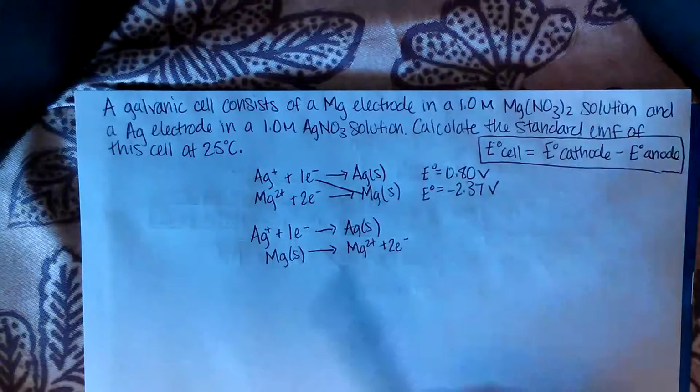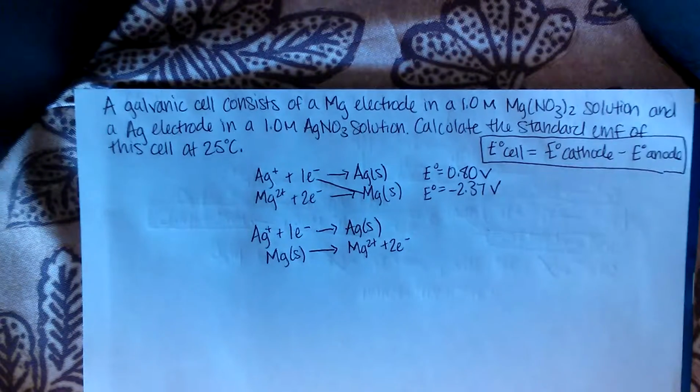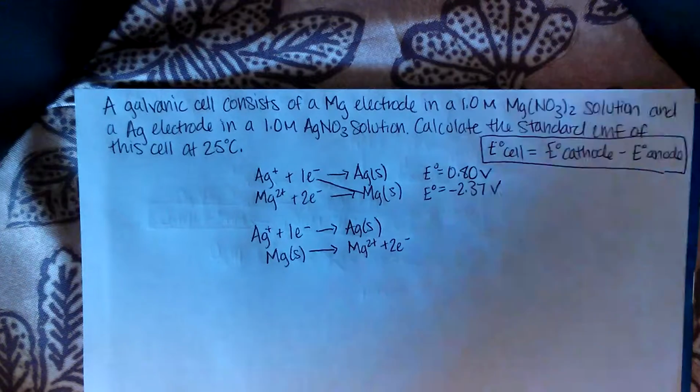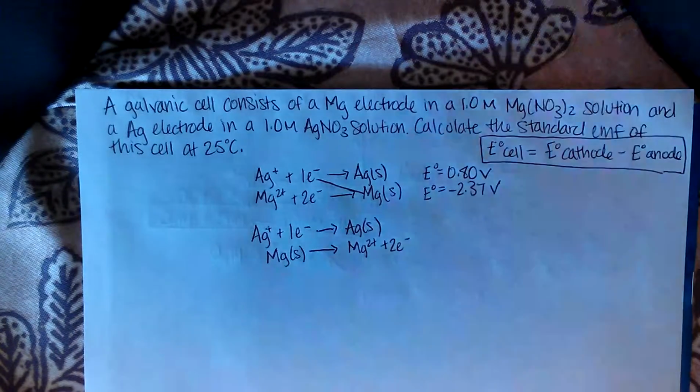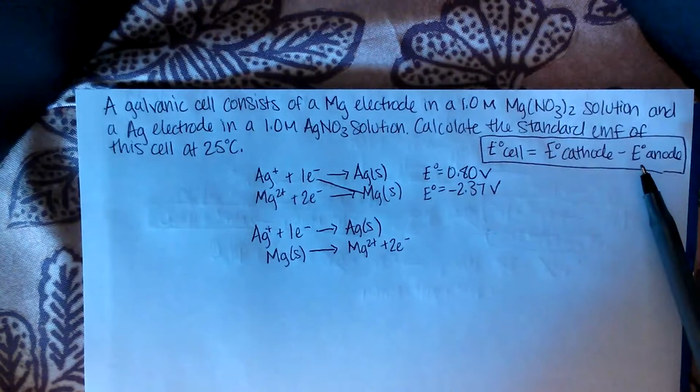Okay, so you could add them together to get your overall equation, which I am not going to do because it is not necessary to calculate the standard EMF. What I think is most important is looking at where the electrons are in each situation, because we need to establish what is the cathode and what is the anode.